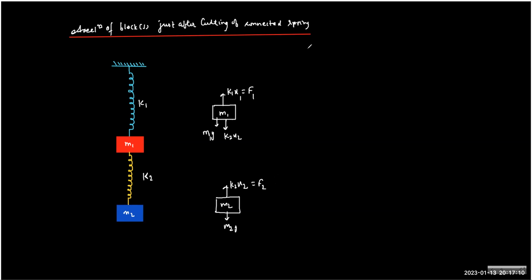And for equilibrium, what can we write? F1 equals M1G plus F2, right? This is easy to write. So for M1, can we write the net force as 0 like this? Tell me yes or no. And similarly, F2 will be equal to M2G.